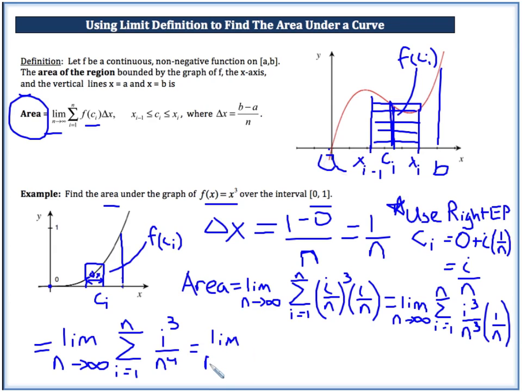So it'll be the limit as n goes to infinity of 1 over n to the 4th times the sum of i cubed, which turns into n to the 4th plus 2n cubed plus n squared, all over 4.